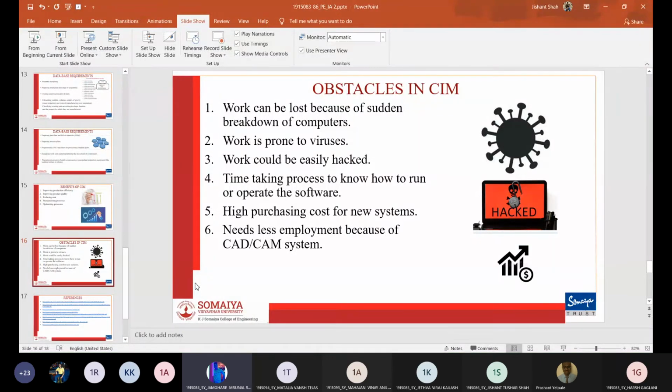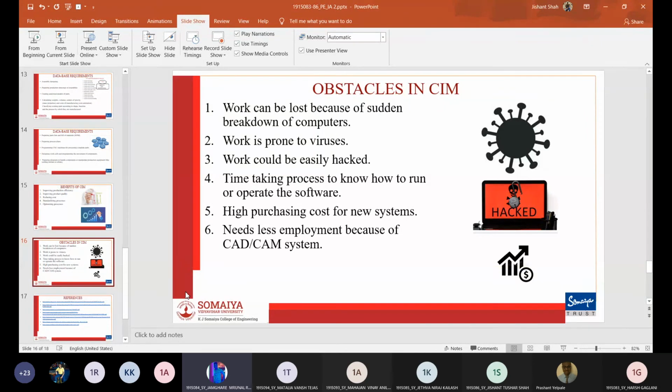The second is it is prone to viruses. The third is when we talk about the automobile industry or some other manufacturing unit, they have a lot of data about how their product is manufactured, and if someone hacks it, all that data can be lost. That's another obstacle.